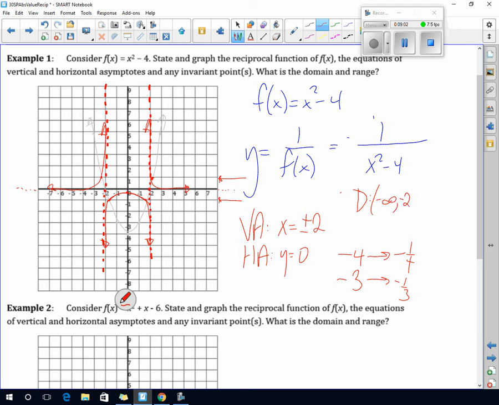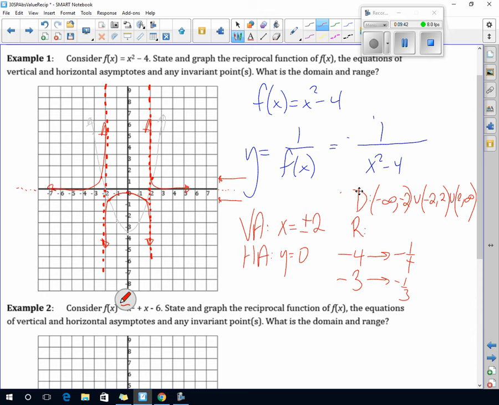Okay, what about the range? Start at -infinity. Does it go all the way up to 0? No. What's the highest it gets to? -1/4. And then it kind of jumps, and where does it start again? 0, but it doesn't actually include 0, right? Then it goes to infinity. So -infinity to -1/4, does it include -1/4? Yes.